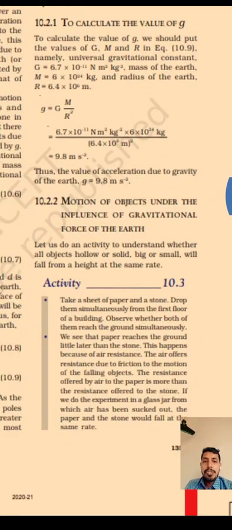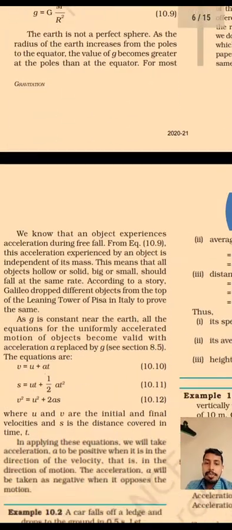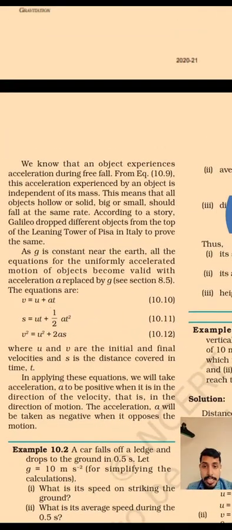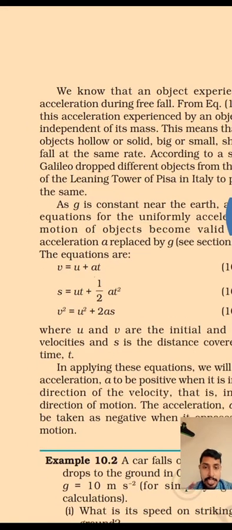Then motion of objects under the influence of the gravitational force of the earth. We know three equations of motion, that is v is equal to u plus at, s is equal to ut plus half at square, v square is equal to u square plus 2as. Okay, these are the three equations of motion. This is very important.